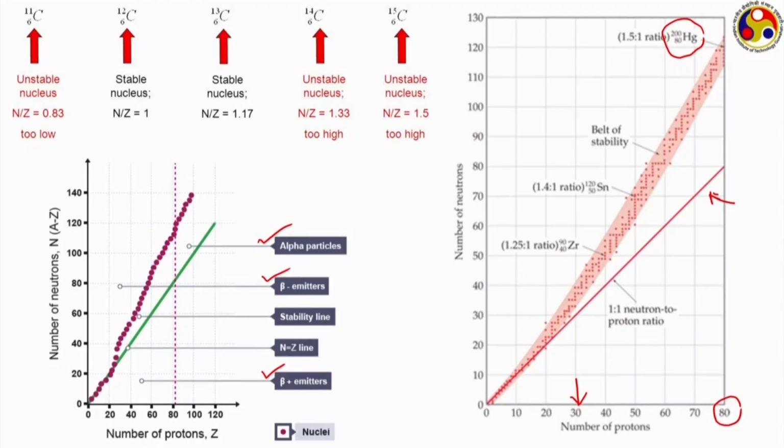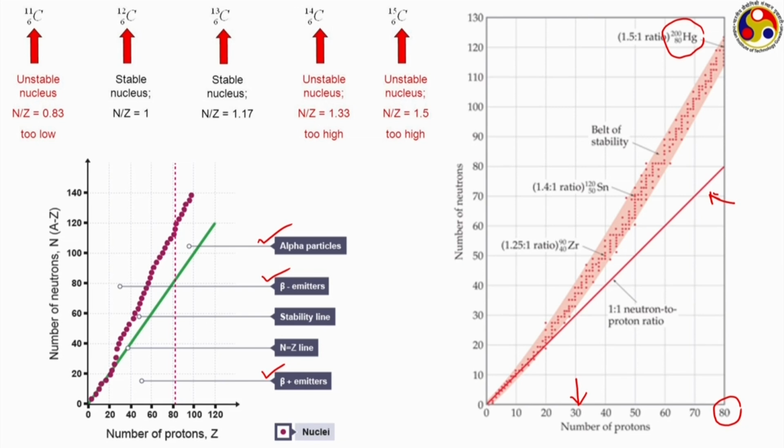As the number of protons keeps on increasing, their repulsive force also keeps on increasing, and to counter that repulsive force we need sufficient binding energy in the nucleus, and that can be provided only by adding more and more neutrons. But of course, even more neutrons than required will again lead to an unstable situation. So, depending upon whether the n by z ratio is higher than required or lower than required, we can have 2 different kinds of radioactive reactions.